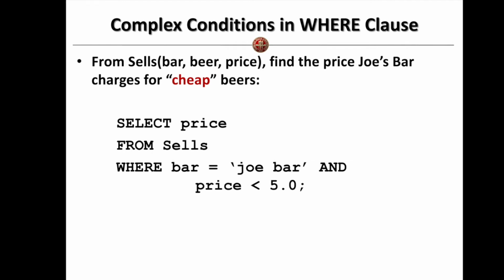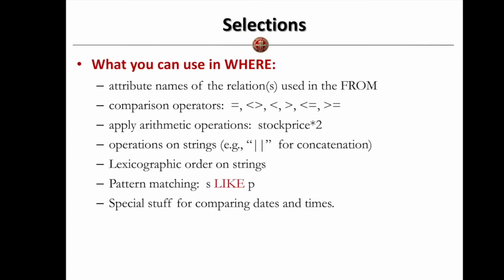I hope you can follow me. So we can have very complex conditions in the where clause. This one combines two conditions via this and. And besides this and, we can also use some other operators to help us define some complex conditions.